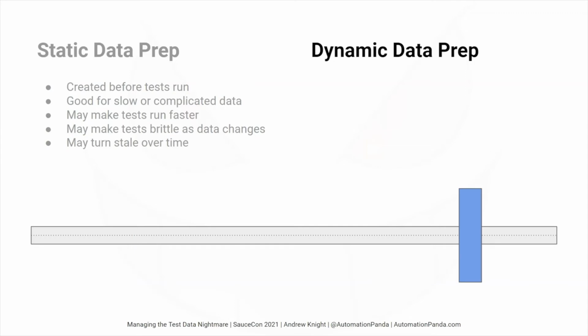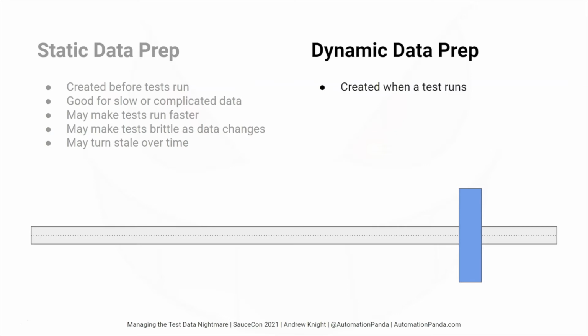On the other hand, you can set up data during test execution. This would be dynamic data creation. In the example loan test case, the loan application document is dynamically created. The test does not reference an existing loan application. It creates a new one.